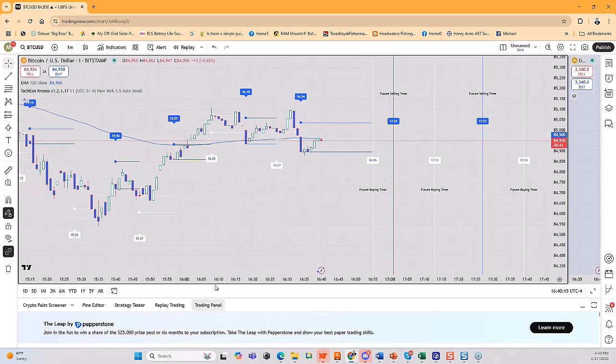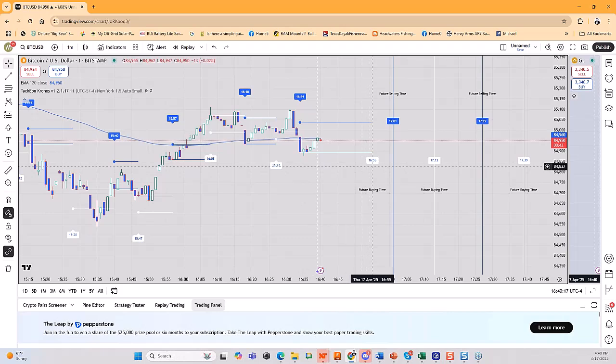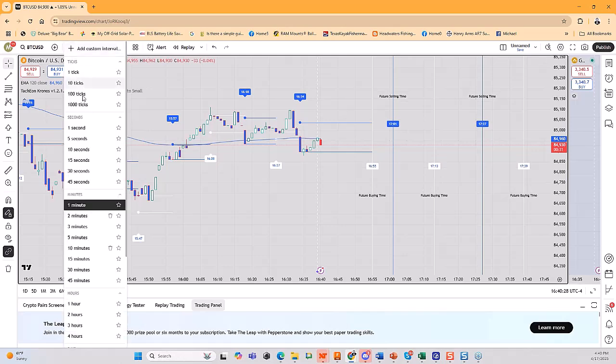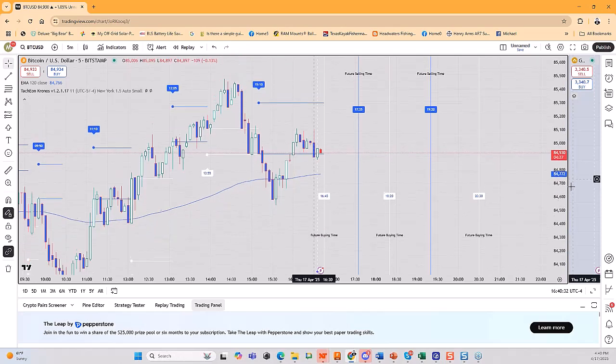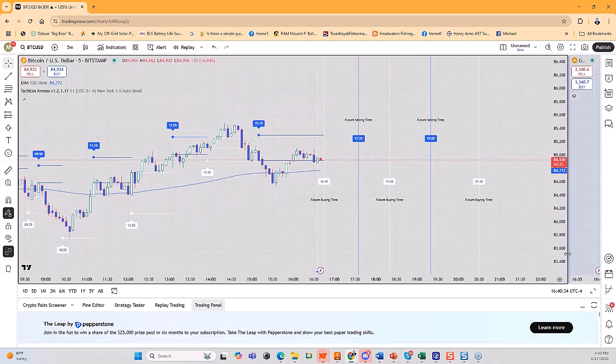And they exist as vertical lines on the chart: 4:55 buying time, 5:01 selling time, 5:13 buying time, 5:27 selling time, and so on. And the accuracy is the same across the various time frames. So I can load this on a 5-minute chart, and the size of the moves gets larger because the time frame is larger.